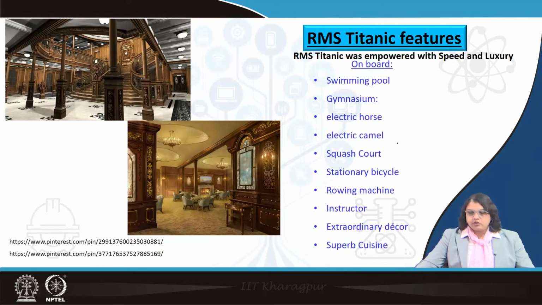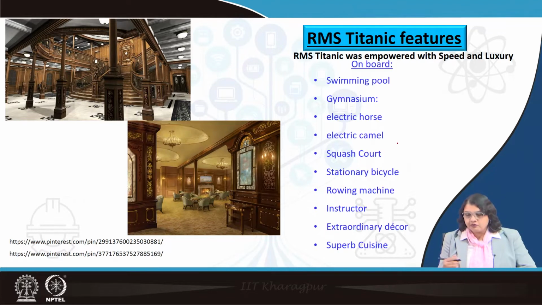Okay. So, Titanic was actually empowered with speed and luxury. Of course, it is known for its speed and for being unsinkable, but you could get whatever luxurious life you can imagine on Titanic.